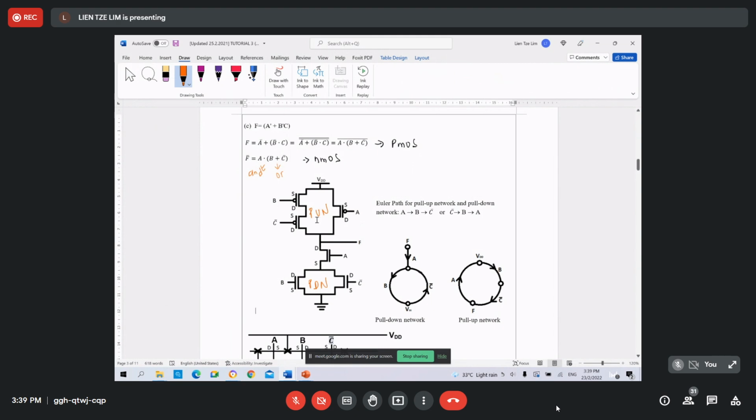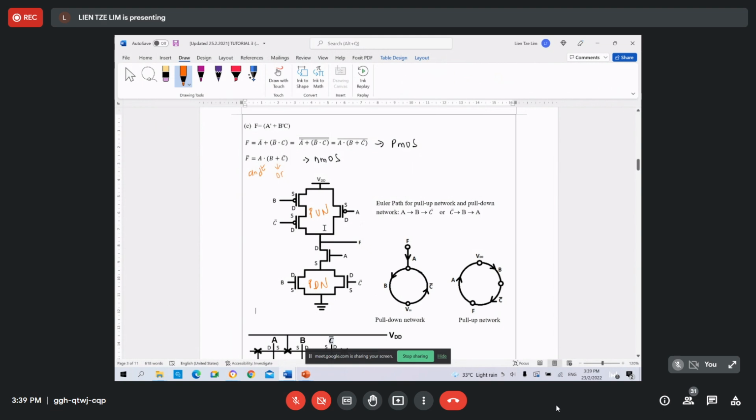B and C are in parallel in the pull down network, but in the pull up network, they are in series, and then in parallel with the transistor with input A. So the configurations are opposite.